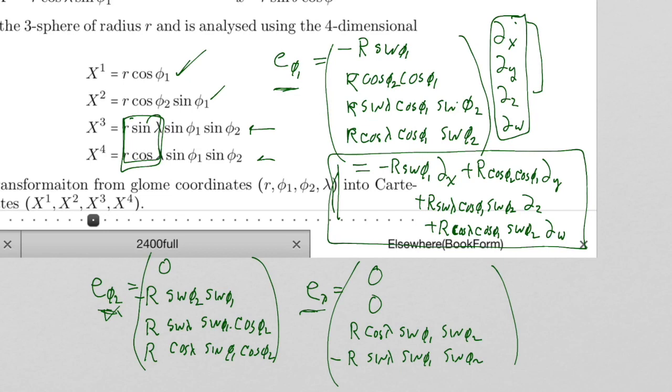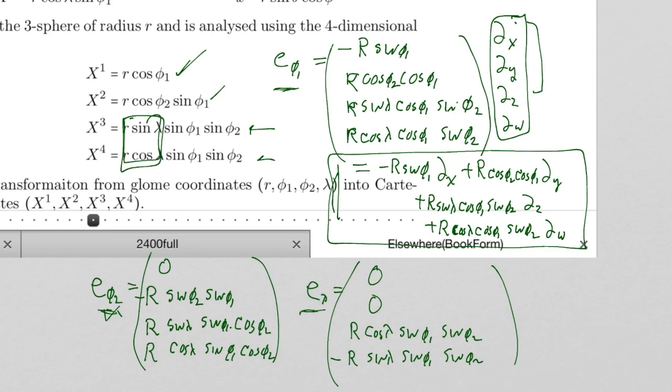I can find three linear combinations of these four, e phi 1, e phi 2, and e lambda, and every vector in that tangent plane can be expressed with this basis. So I can actually drop a dimension by taking the appropriate linear combination of these four and calling that the three basis vectors.